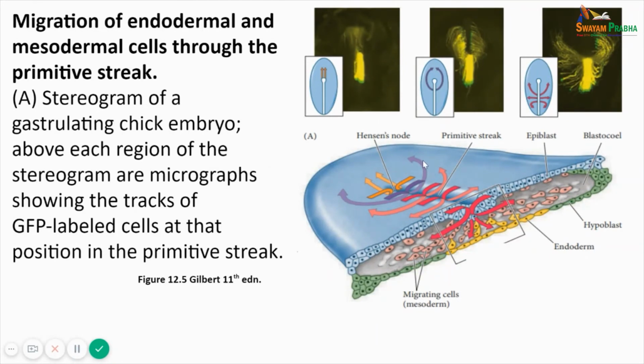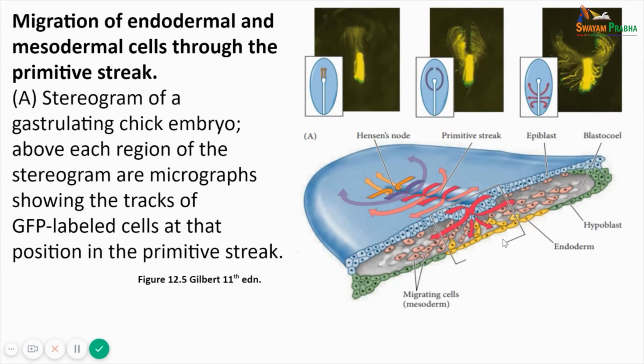The next cells, which are shown purple in this diagram, migrate through the next anterior region of the streak. They travel laterally but converge near the midline eventually, and these will make notochord and somites. Cells from the middle of the streak form intermediate mesoderm and lateral plate mesoderm, as shown by the red cells here and here also.